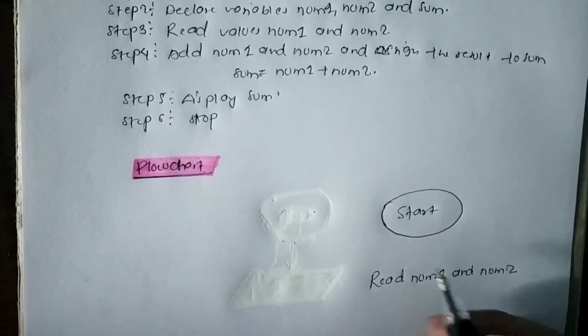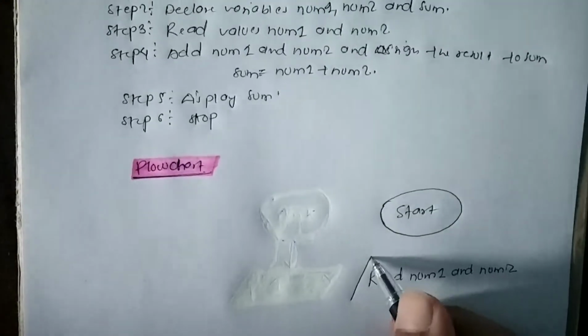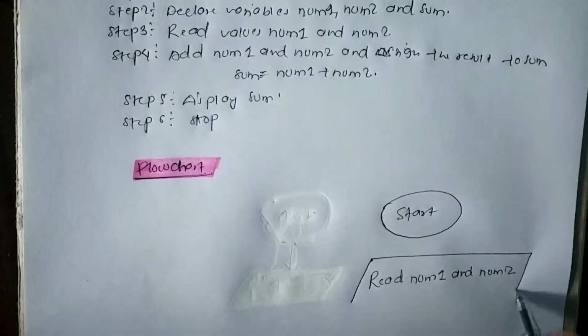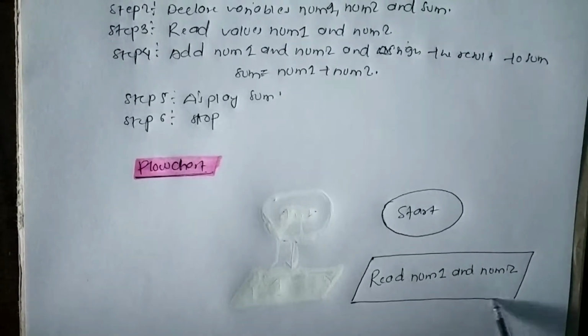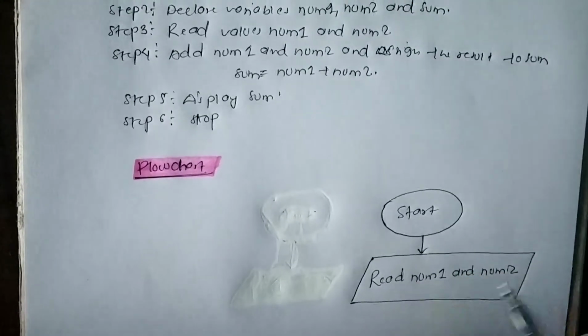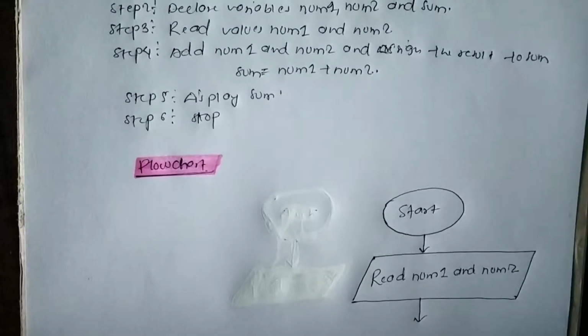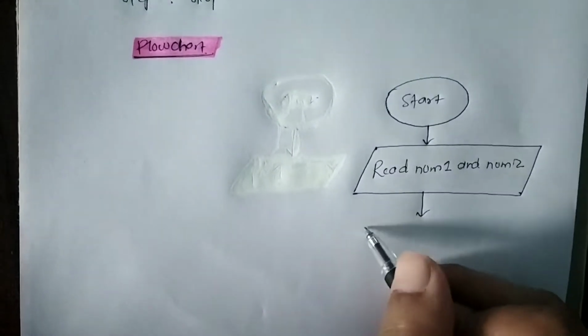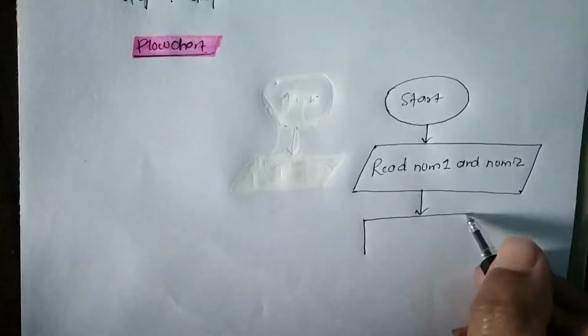For reading, input symbol like parallelogram is used. After reading, we can process the sum, or we can use the formula in a rectangular box.